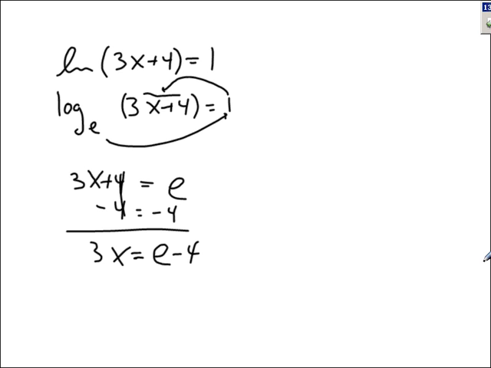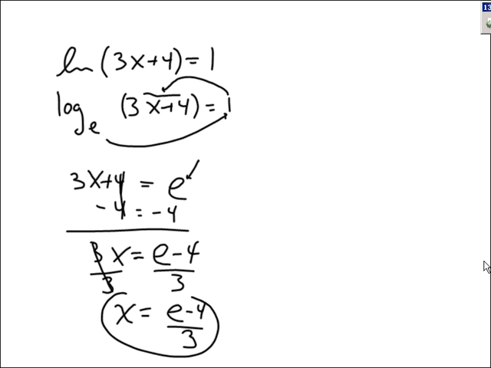It's easier for that to be e, because if it was another number, you would have to do the subtraction. Like if it was 7, oh my, what's 7 minus 4? Here, e minus 4. And then you divide by 3. So here is what x equals exactly.